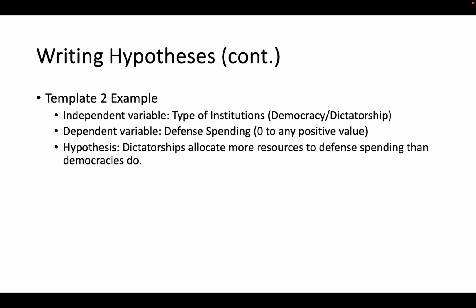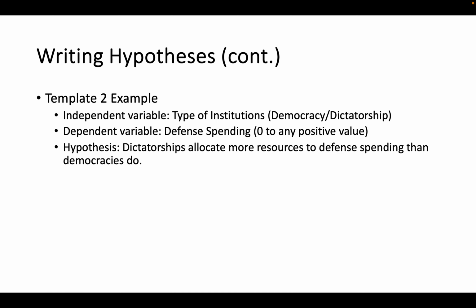So our second template example involves institutions and policy. So the independent variable is showing the type of institutions that the country appears to be gravitating toward. Democratic institution or a dictatorial institution. So defense spending is the dependent variable, and it ranges from 0 or no defense spending at all to any positive monetary value.